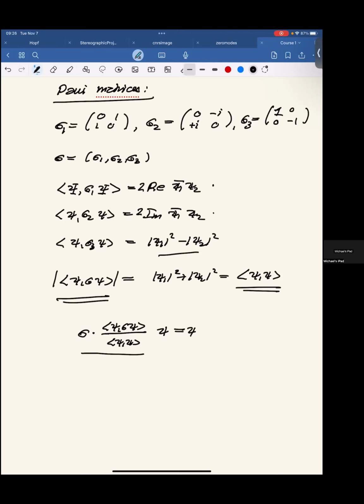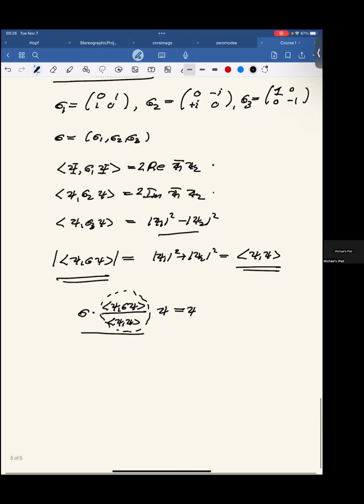This matrix here, by the way, has eigenvalues plus 1 and minus 1 because the length of this vector here is 1. Okay? So hopefully you get a little bit used to this kind of jiggling around with Pauli matrices, but these identities will be important for what's coming up, okay?